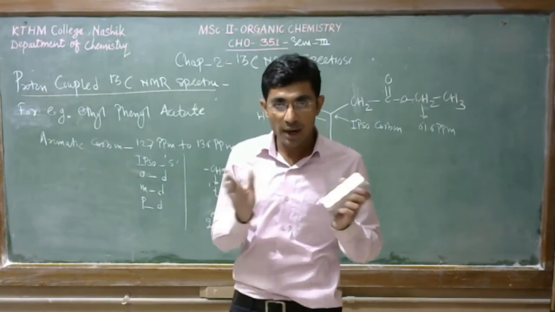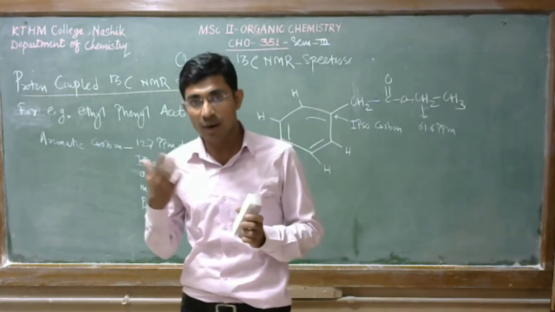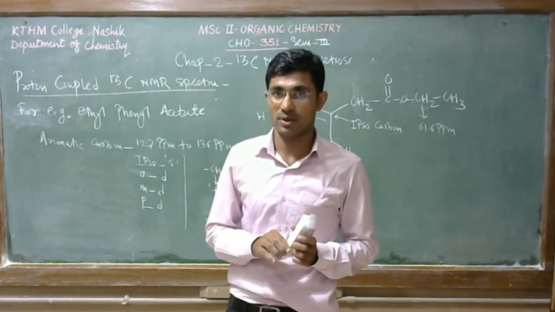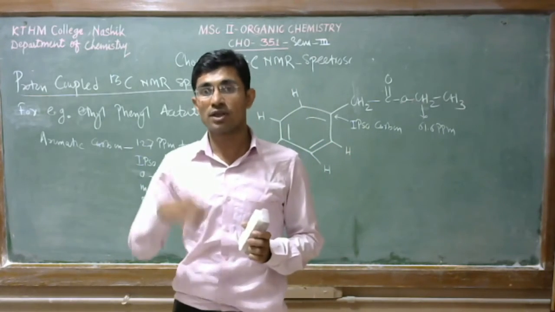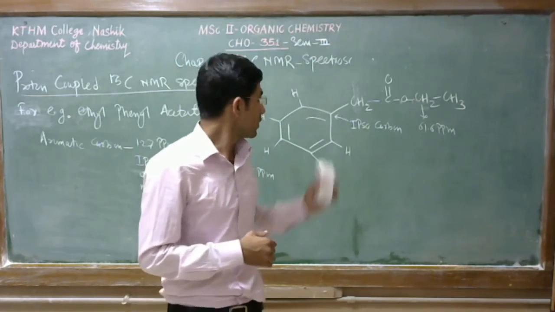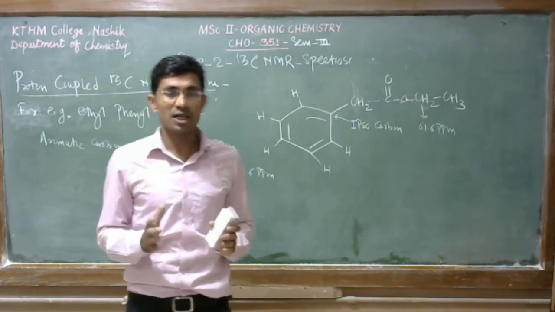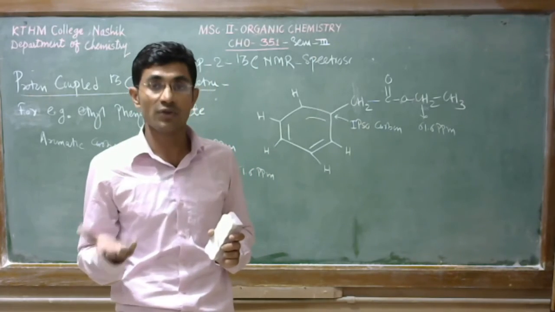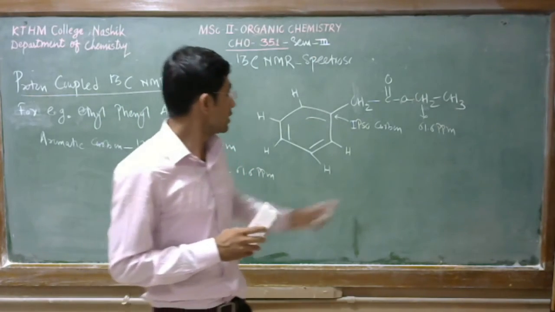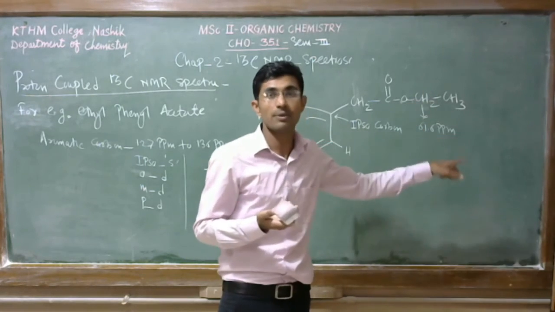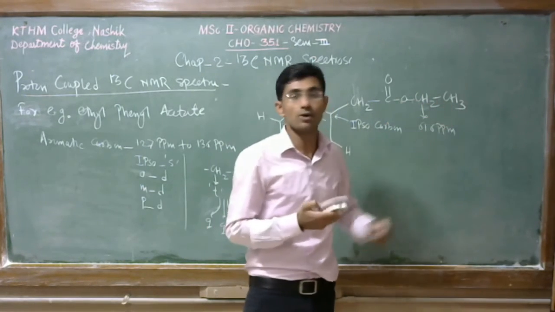In the expanded spectrum we can observe these 12 lines. In an unexpanded spectrum we cannot observe this, but in the expanded spectrum we can see that this triplet is further split into a quartet because of the adjacent methyl group.